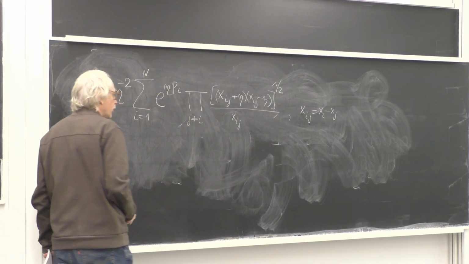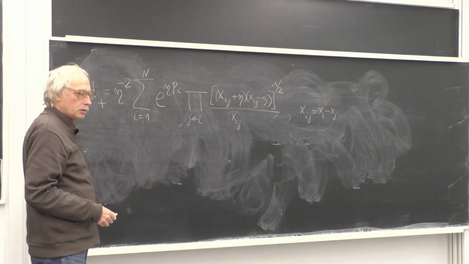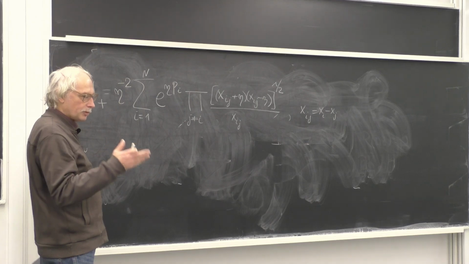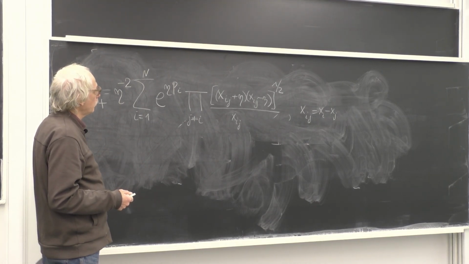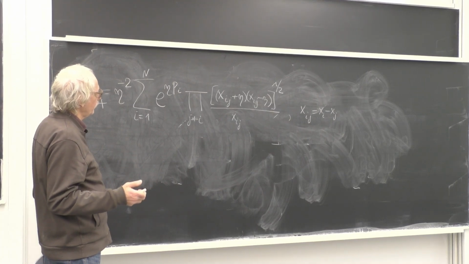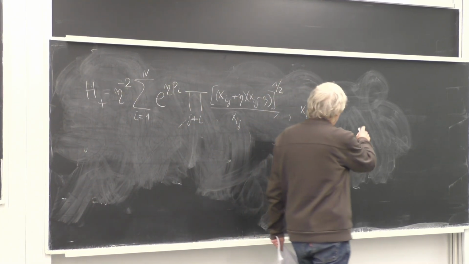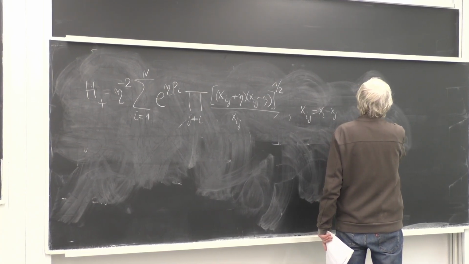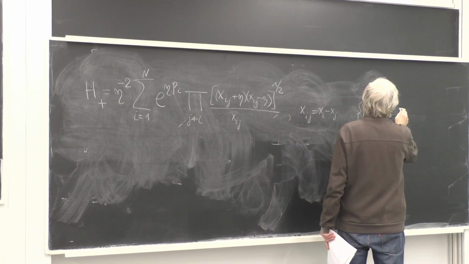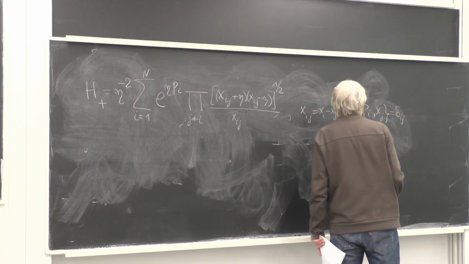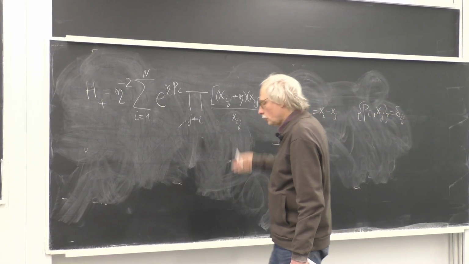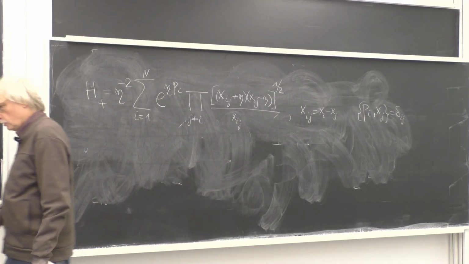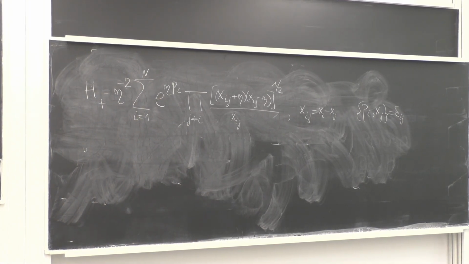P and X are canonically conjugated variables. So the Poisson bracket between them is delta i j. You see that this Hamiltonian cannot be divided into kinetic and potential parts, like in the Calogero-Moser case.